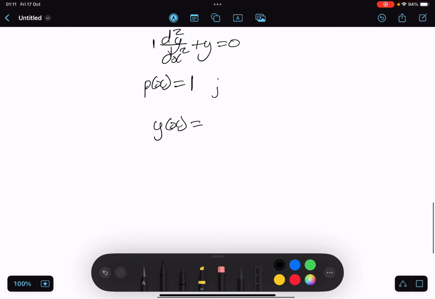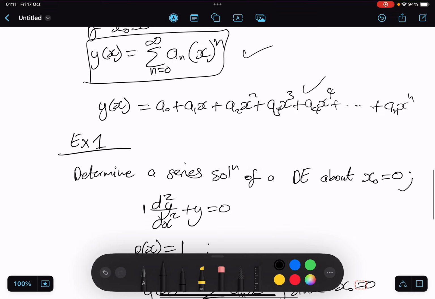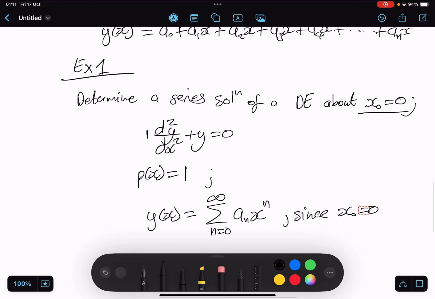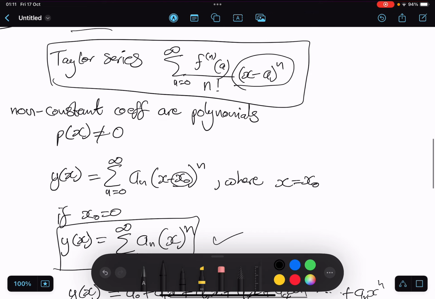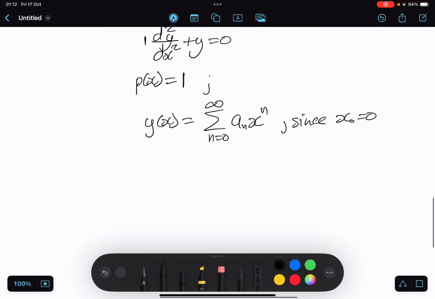A general solution, we said, is going to be the sum from n equals 0 to infinity of a_n x to the power n, since x naught equals 0. So here x naught is 0, because they said we are evaluating at an ordinary point where x naught equals 0. That's why we are getting this solution.